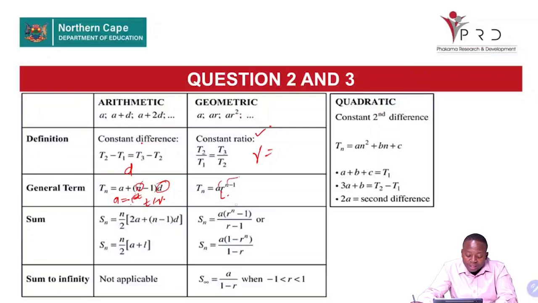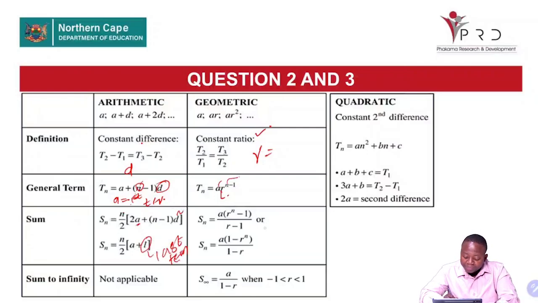Then we also look at the sum. For the arithmetic, Sn equals n over 2 into (2a plus (n minus 1) d). And we have another one when we are given the last term, where a is still the first term, n is the number of terms, and l is the last term.